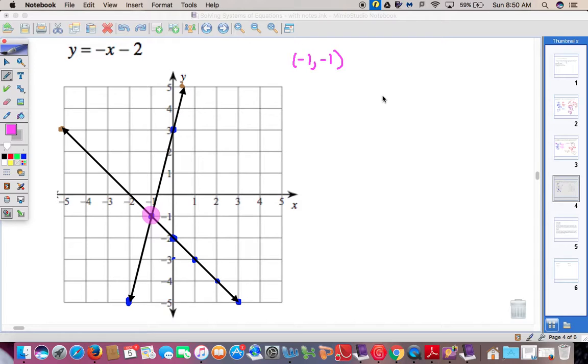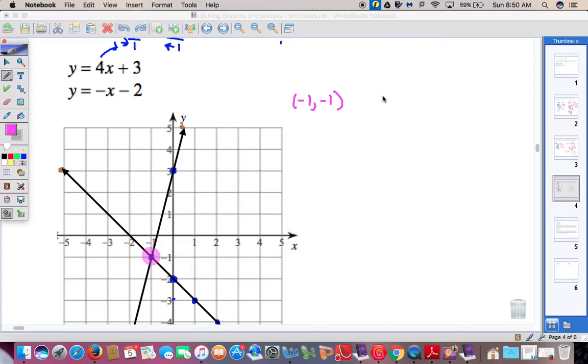Now I can check my solution by substituting it into my equations. If I do that, I use my first equation. I'm going to say 4 times negative 1 plus 3, and that should equal negative 1. So 4 times negative 1 is negative 4, and negative 4 plus 3 is indeed negative 1. So negative 1 equals negative 1, and I am correct.